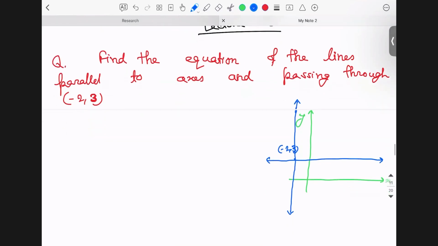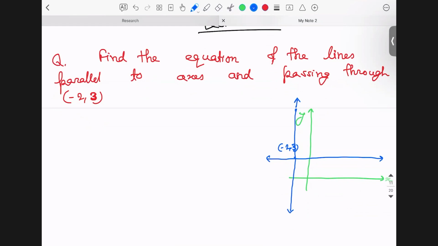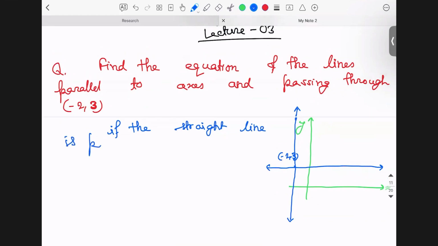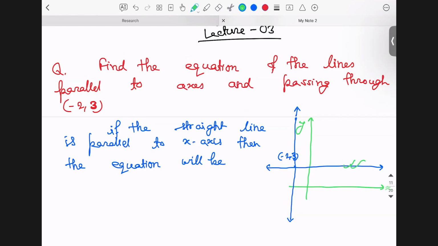If the straight line is parallel to x axis, then the equation will be, parallel to x axis means this one, and for that our y equals to 3 is fixed.